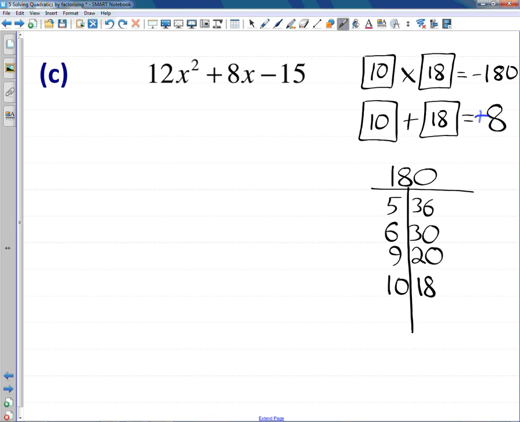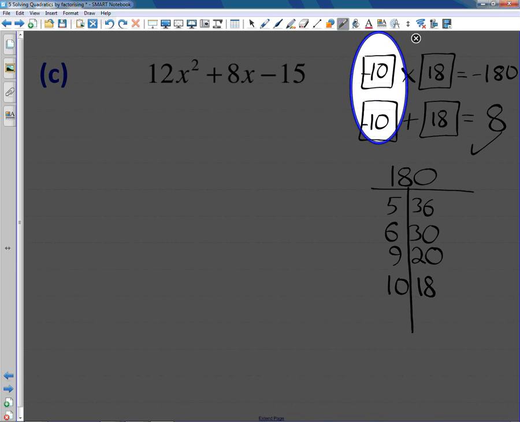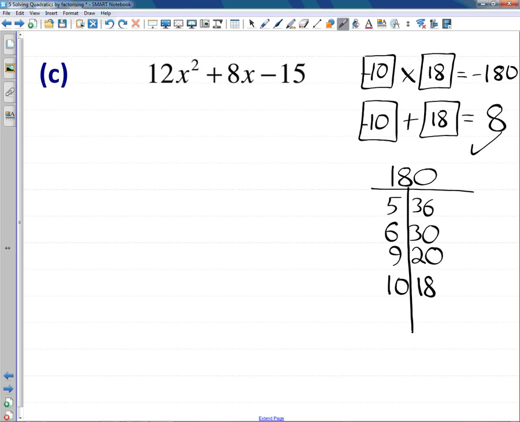So if you look at that carefully, what we need to do is make that 10 a negative. And then we've got 18 minus 10, which does equal 8. But if you make that a negative, that's got to be a negative. These numbers have got to be the same here and the same here. But indeed, that's good because it does give minus 180.